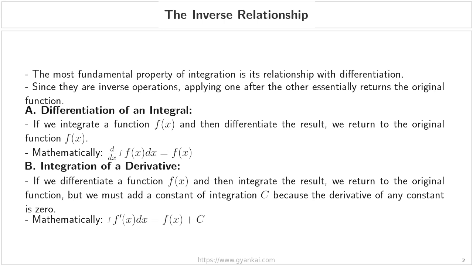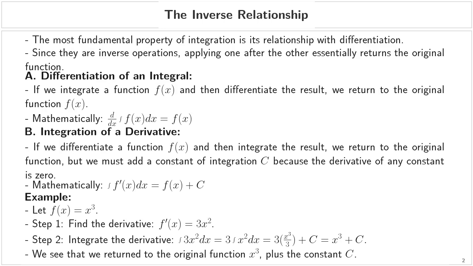So when we integrate, we lose information about any constant term that might have been present in the original function. Therefore, we add c to represent that lost constant. Mathematically, this is expressed as the integral of f prime of x dx equals f of x plus c. F prime of x represents the derivative of f of x.